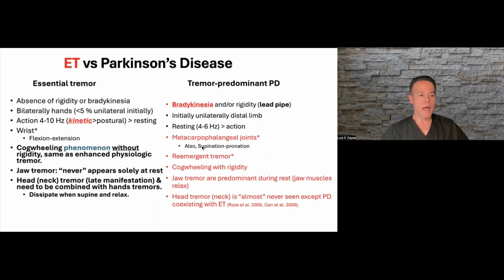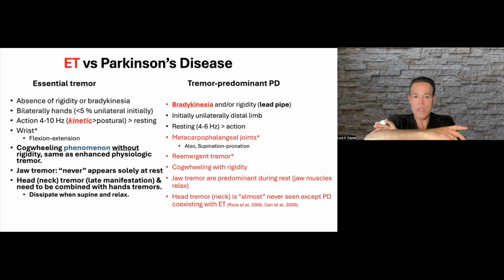Now, location. In essential tremor, the wrist is mostly affected, with flexion and extension. Not always, because you will see patients with a combined presentation. It's not just at the level of the wrist. You might also see patients having a little bit of tremor at the level of the elbow with supination and pronation.